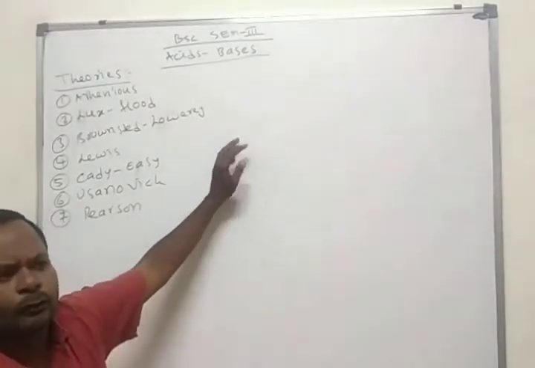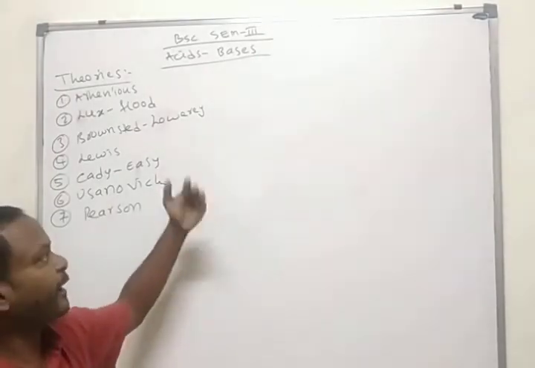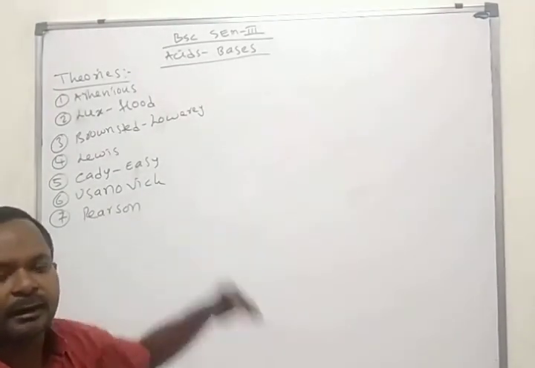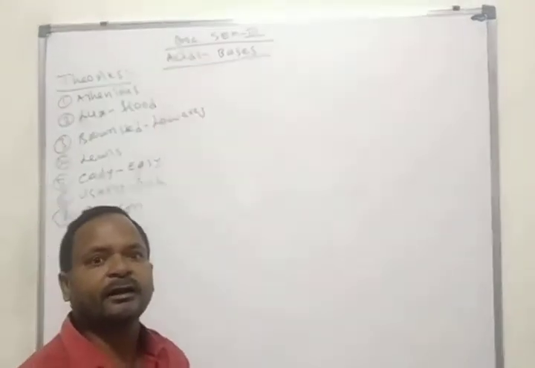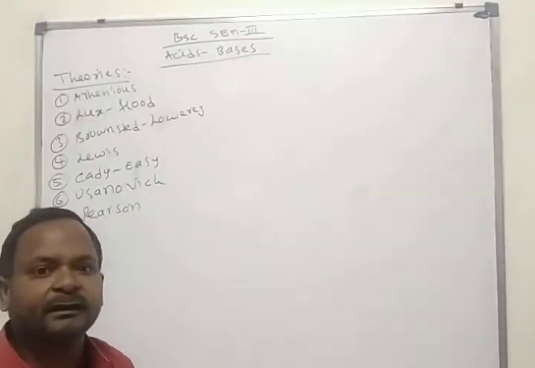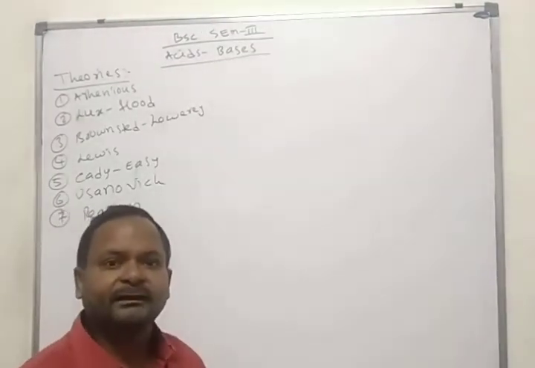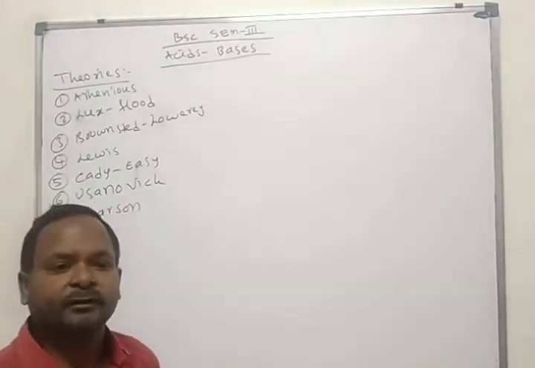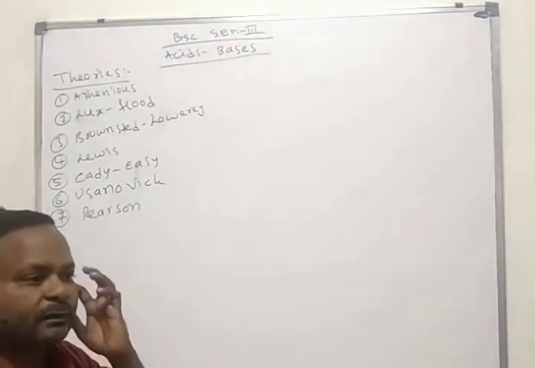After that, many theories tried to explain the chemical properties, physical properties and characteristics, with different examples.